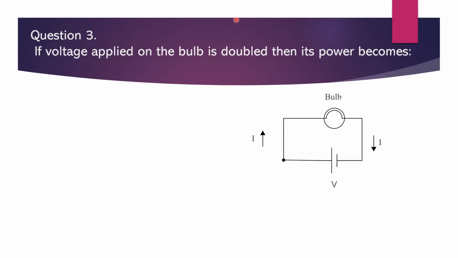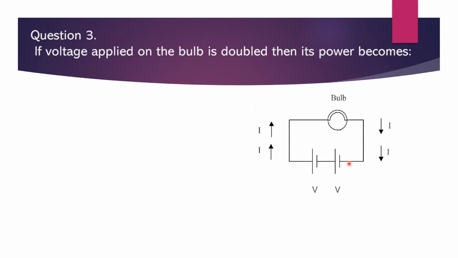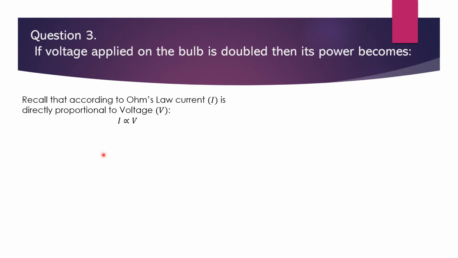That means if a bulb is connected with a battery of V volt and current I is passing through it, doubling the voltage means connecting another voltage source with it, or a cell of the same capacity. Once the cell is added, it will also increase the current, because recall that according to Ohm's law, the current I is directly proportional to the voltage V.